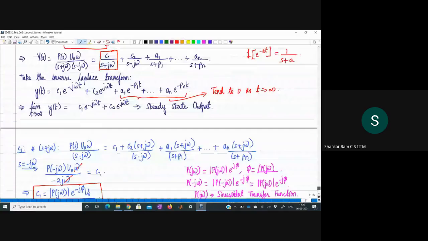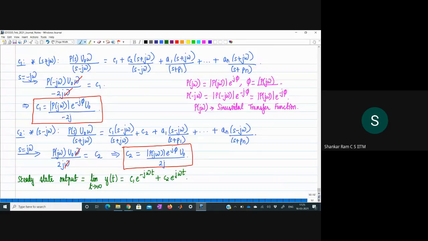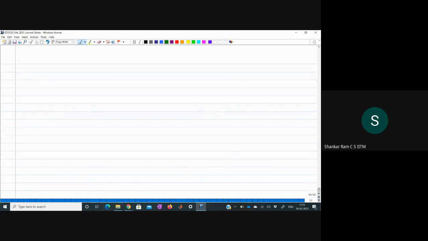If you recall, this was derived as the steady state. I'm just writing it. Now what I'm going to do is substitute for C1 and C2.